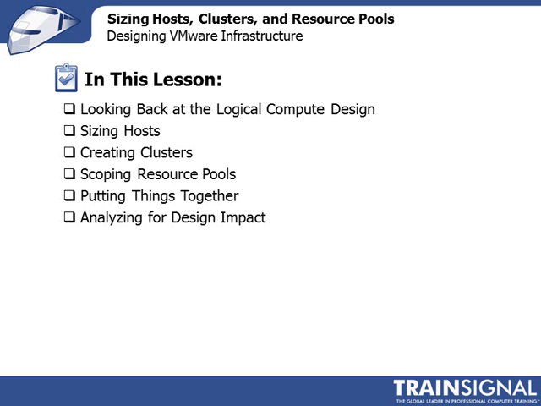Then move into creating clusters, scoping our resource pools, putting things together, a quick look at how we need to pull the design together. We've been talking about it in different pieces and parts, although stressing the need to keep a holistic view. We're going to reinforce that here and round out the lesson with an analysis of design impact. Again, stressing the need to understand the relationships and the dependencies between the different portions of the design. Let's get started.